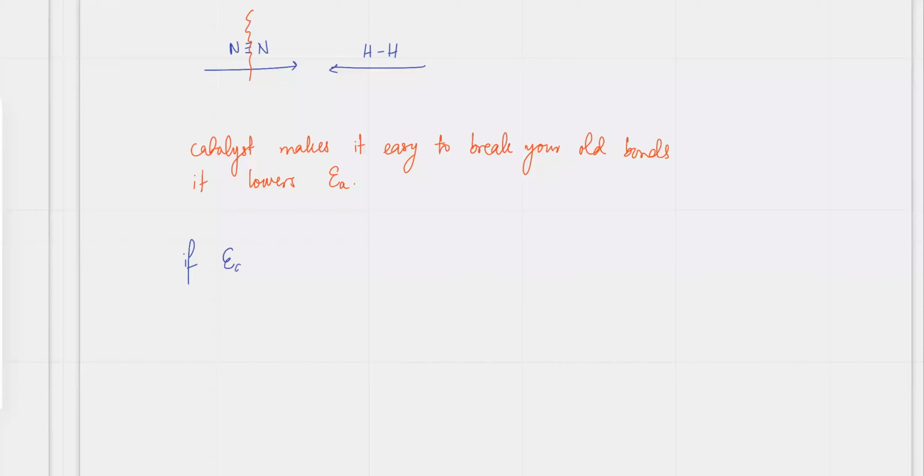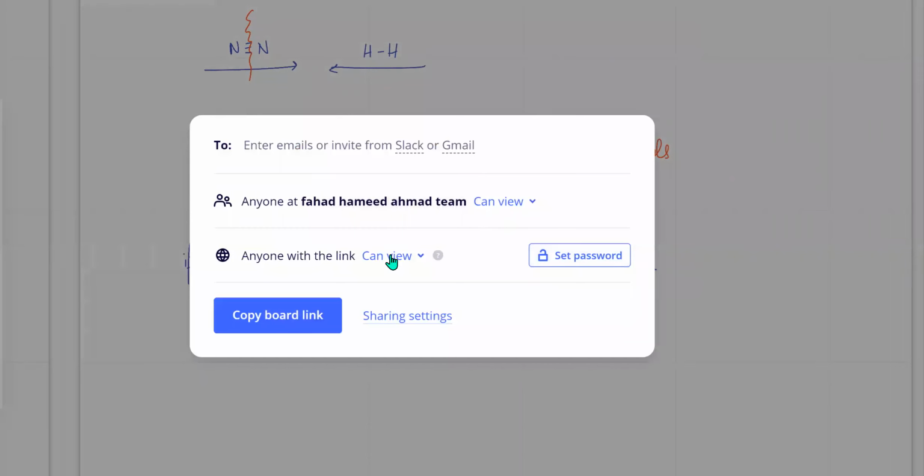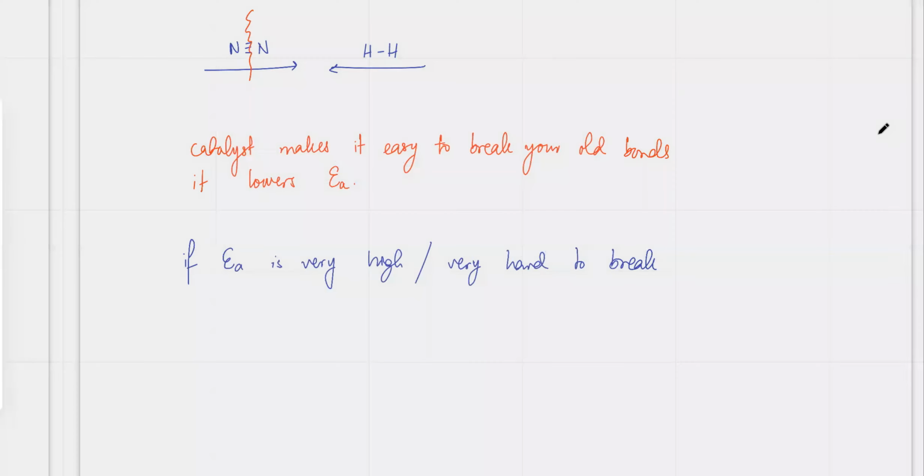So if activation energy is very high, which basically means it is very hard or difficult to break old bonds, then the reaction is going to be slow.